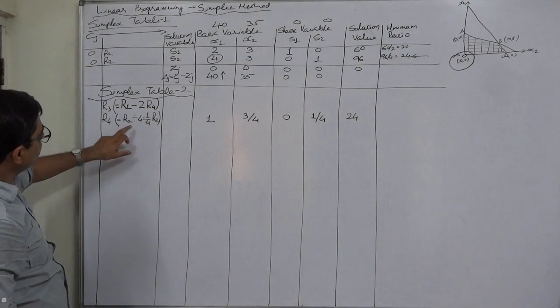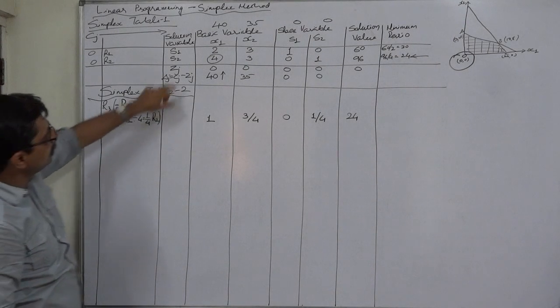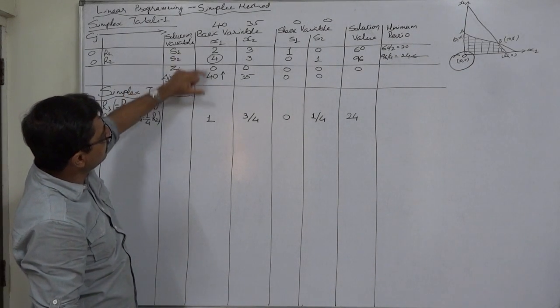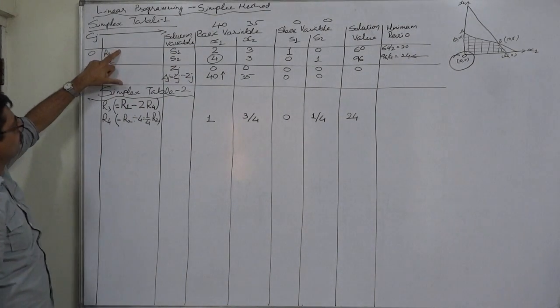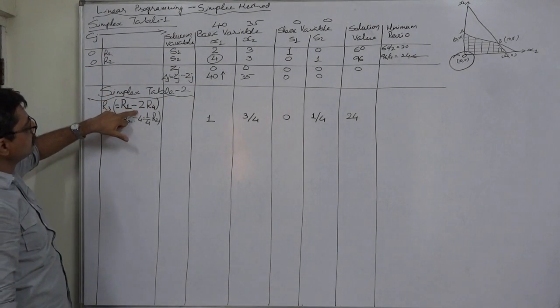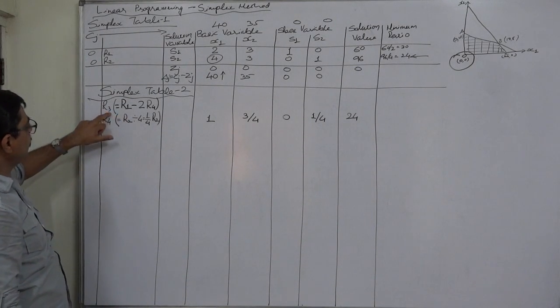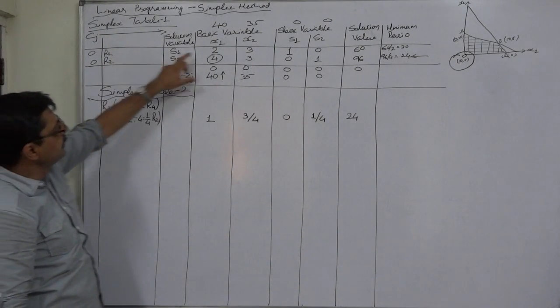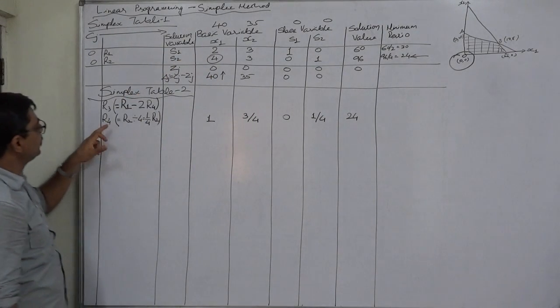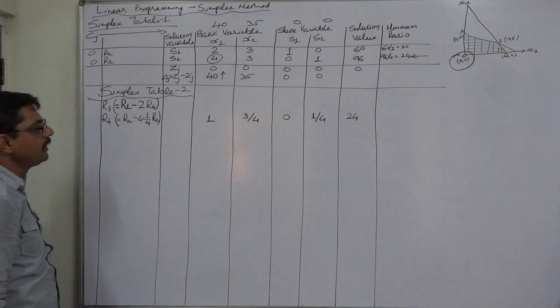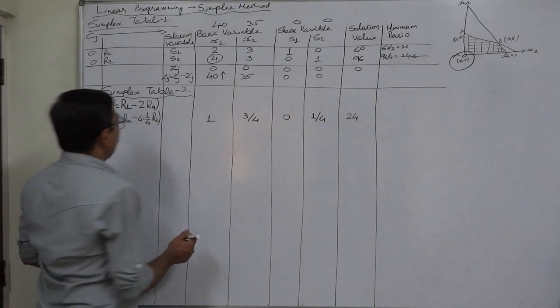So multiply the replacement row by the value in the key column in the row which we are now going to replace. R3 origin is R1, in the key column in the R1 row there is 2, so multiply R4 by 2 and subtract it from R1.